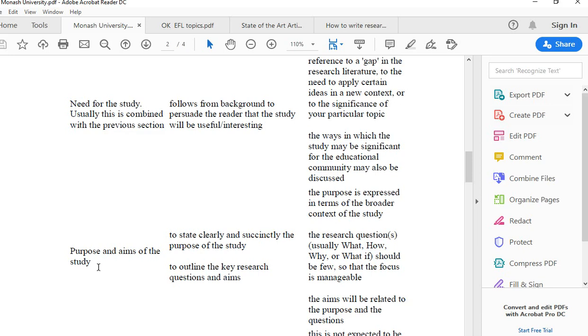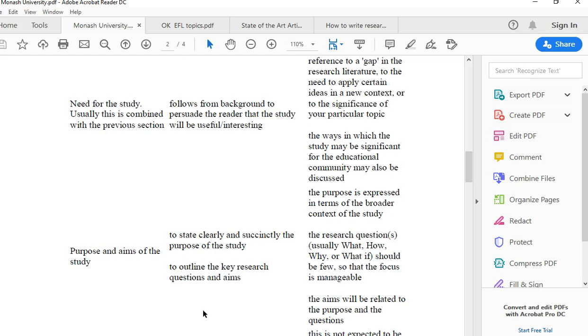But according to our classification, we do not have a separate section. As I told you, we present one brief presentation at the end of the background, and we can present it at the end of the significance of the study as well. So we can say significance and purpose of the study together.